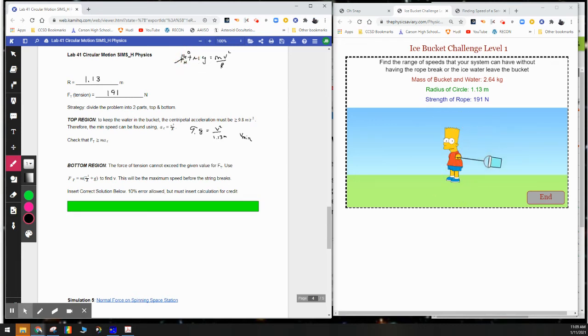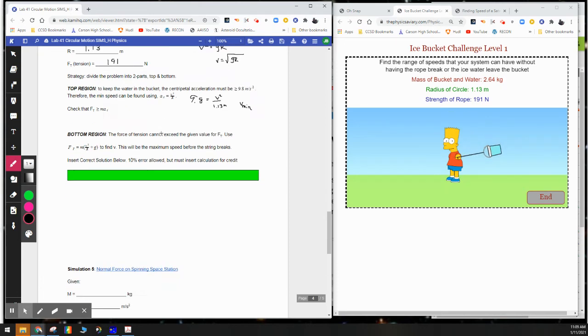So when this is 0, we can see the m's cancel out, and we have v squared equals gr. Therefore v is equal to the square root of gr, and that's what this is over here. So these equations are the same. That should get us the minimum speed needed to go in a circle so water does not fall out of the bucket.